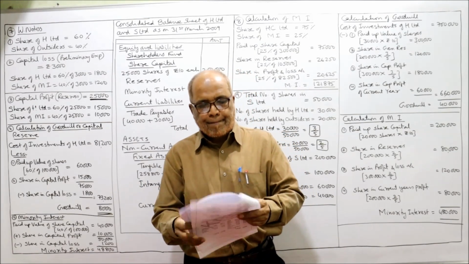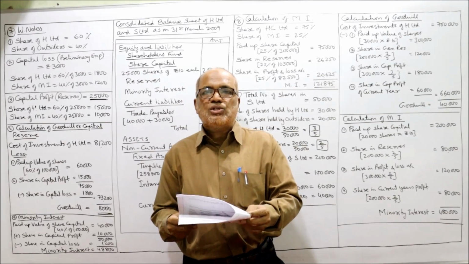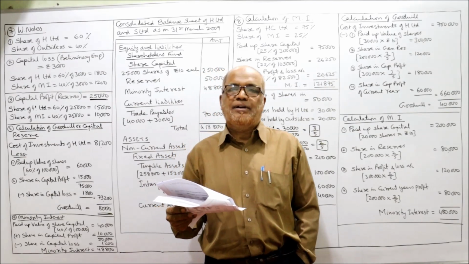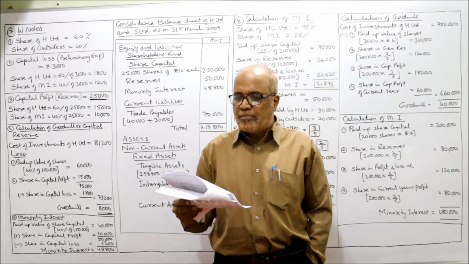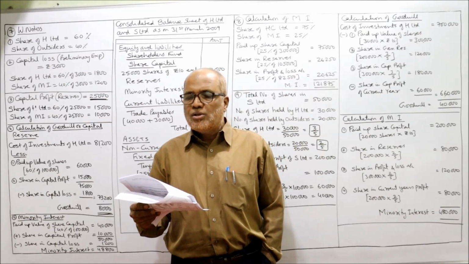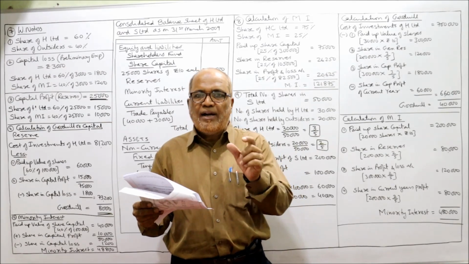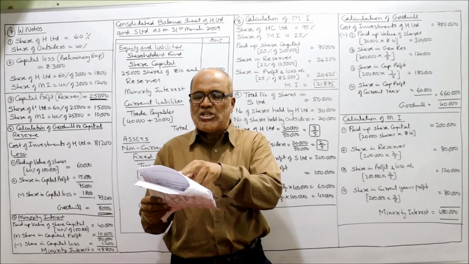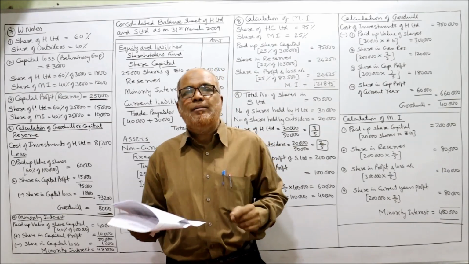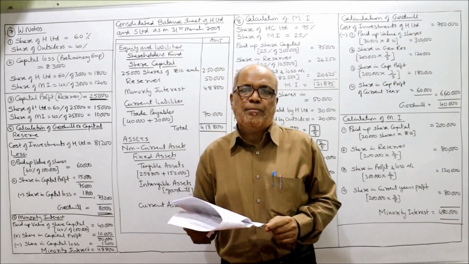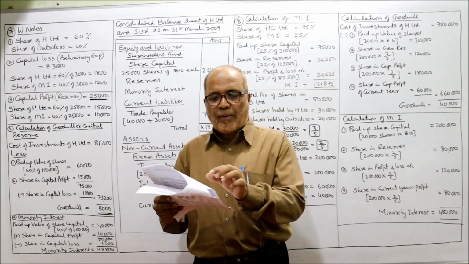See carefully. The following are the balance sheets of H Limited and S Limited as on 31st March 2009. So by wording of the company itself we can decide H Limited is the holding company, S Limited is the subsidiary company. Now balance sheet is given in the problem.